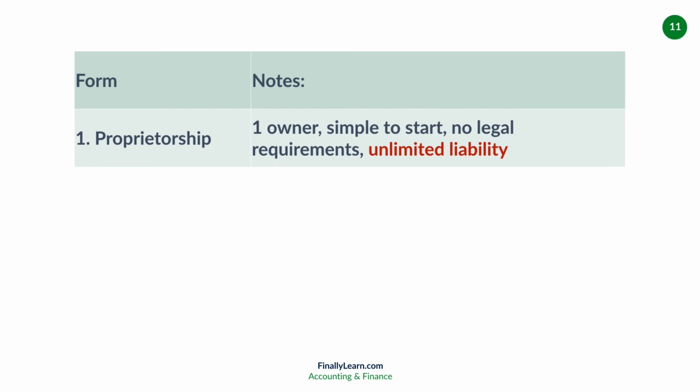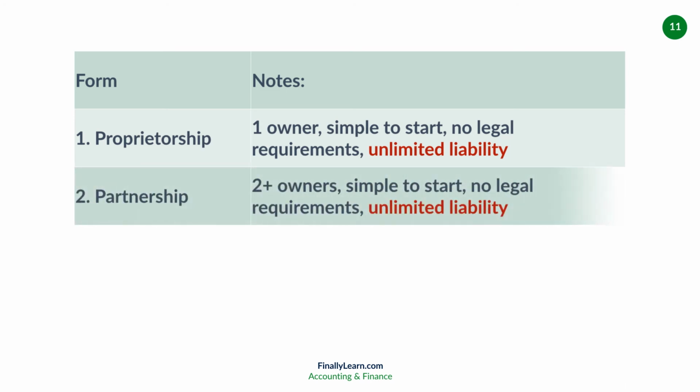So it's in red because it's a real negative thing about proprietorship. If you start a business, then it's really a proprietorship. If you decide to sell t-shirts, you have a proprietorship. If you want to do this for a living or for a part-time job, then you need to think about another form of business that has limited liability.